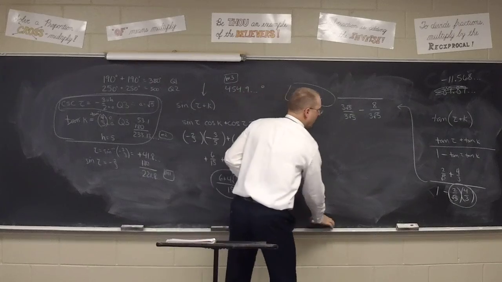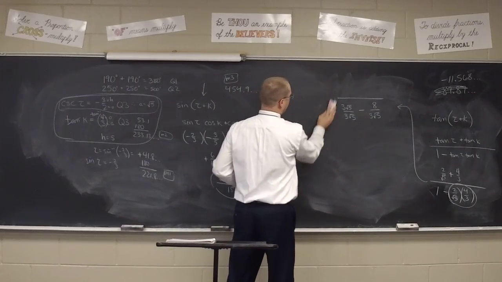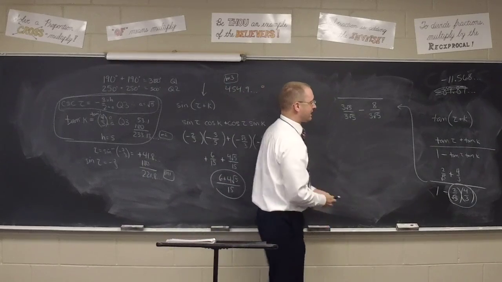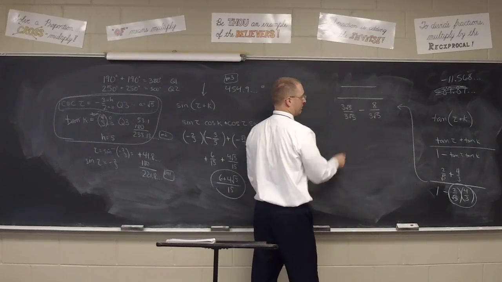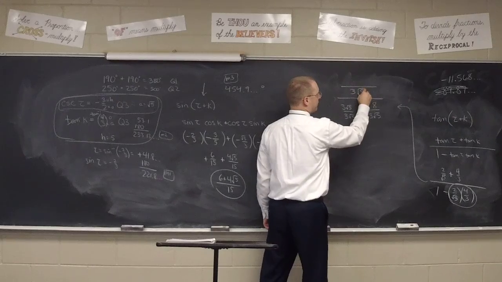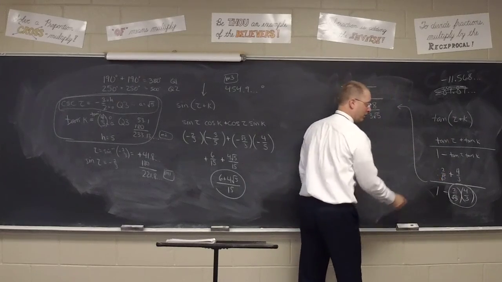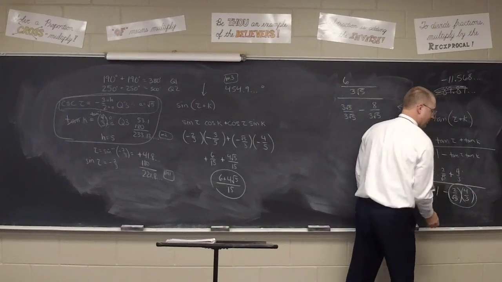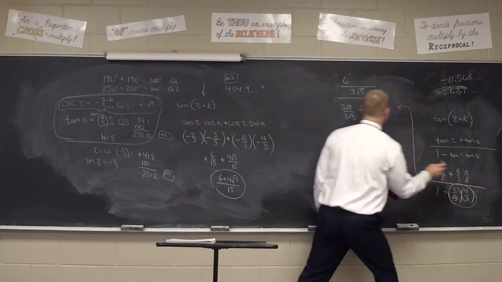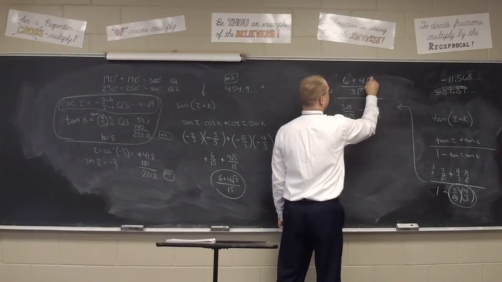And then in the numerator, we need a common denominator. Between square root of 5 and 3, what's the common denominator? 3 square root of 5. So here multiply top and bottom by 3 times 3 to get 6, and here multiply top and bottom by square root of 5 to get 4 times square root of 5.